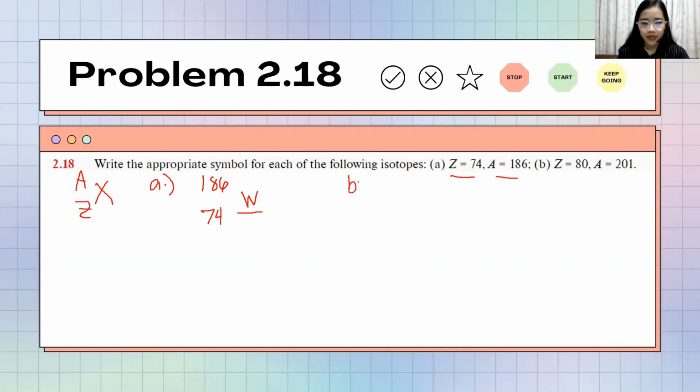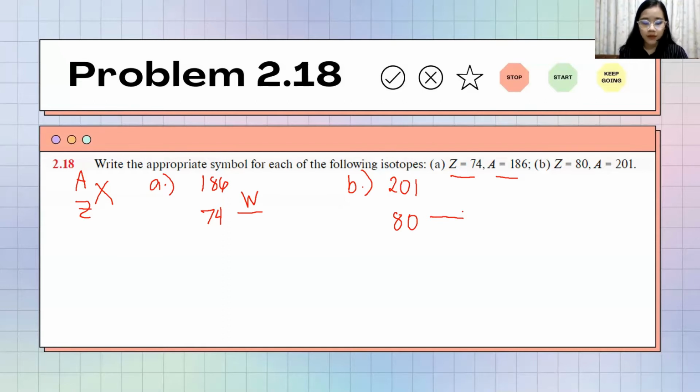Next, letter B. We're just going to apply what we've learned from the previous letter. So place the mass number as the superscript, 201, and letter Z or the atomic number as the subscript. Okay.